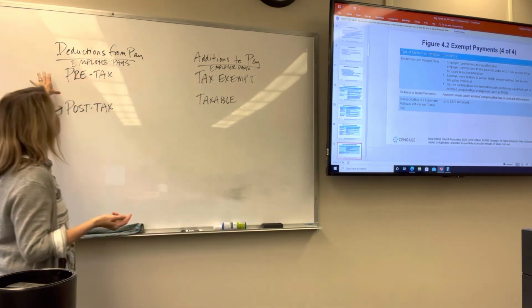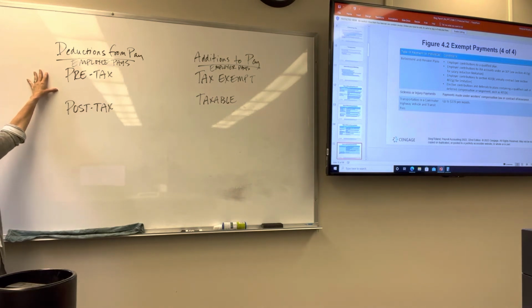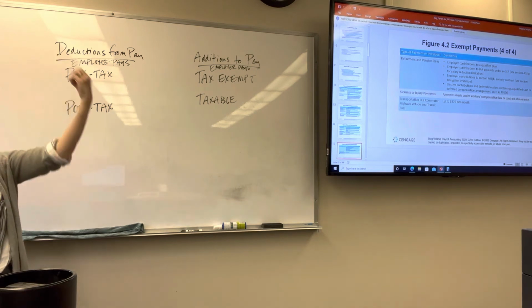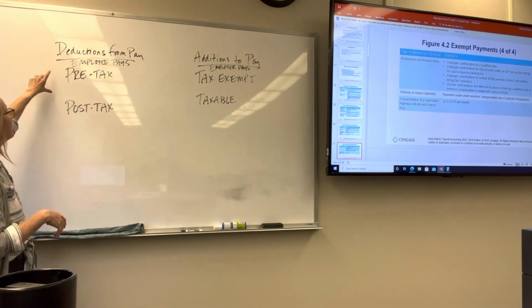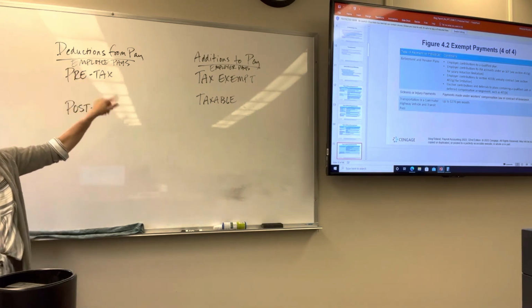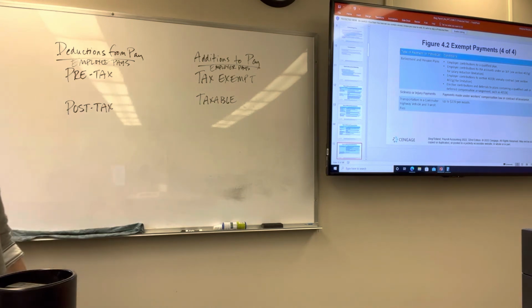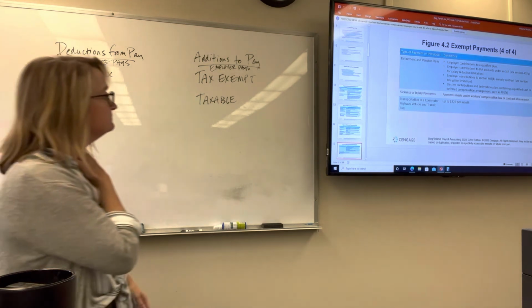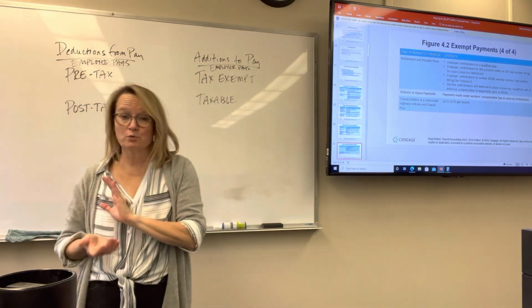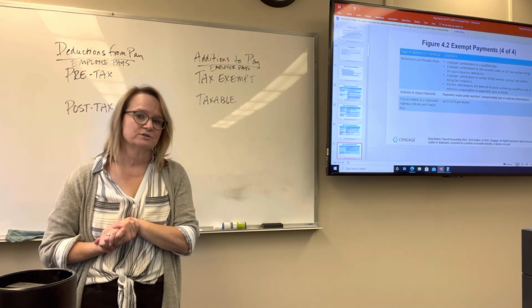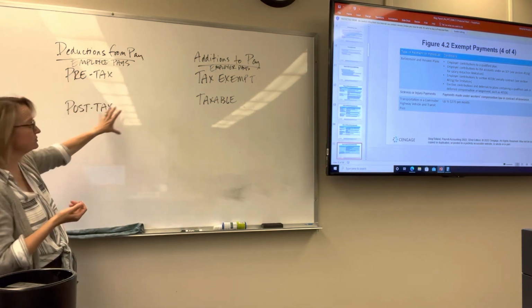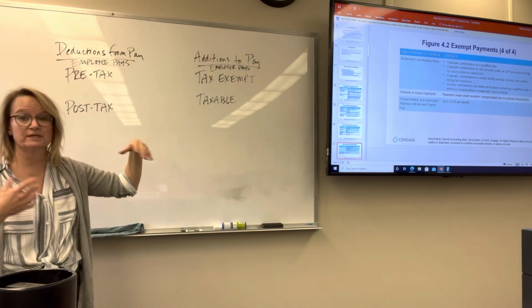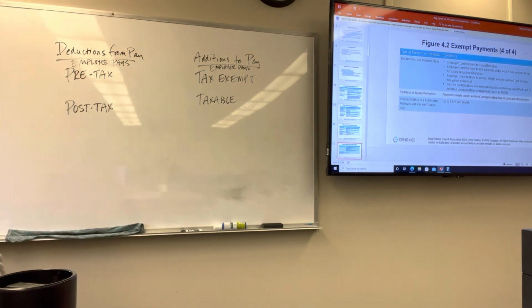But if the employee also contributes to the retirement account, as often happens, you'll have an employer contribution portion and an employee contribution portion. For income tax purposes, that is considered pre-tax and it reduces their taxable income. Okay? That is not how it is for Social Security and Medicare tax, however. Those contributions are considered post-tax contributions. They don't reduce Social Security and Medicare tax.